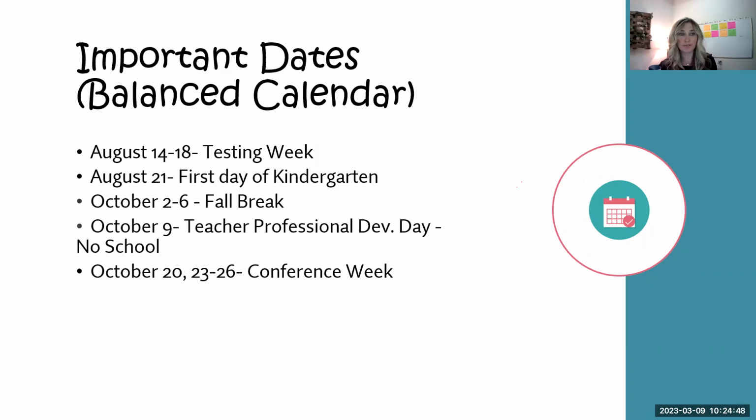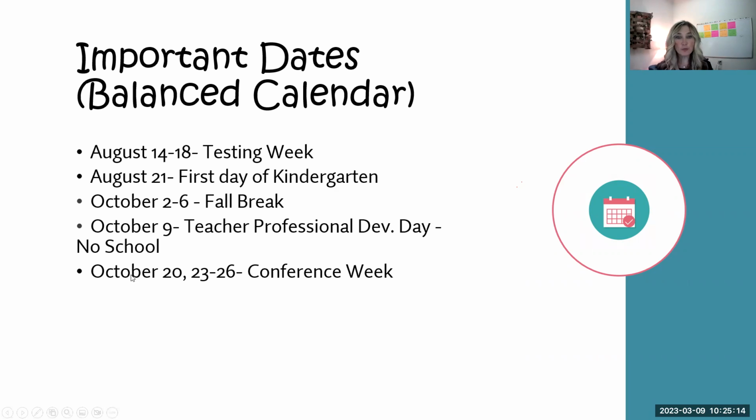Some schools start at 8:30, some start at 9, some start at 9:30. So you want to ask the secretary when you go to visit the school what time school starts, but they are full day programs. So make sure you plan drop off or bus, however you're going to transport, and then they will stay for the entire day.